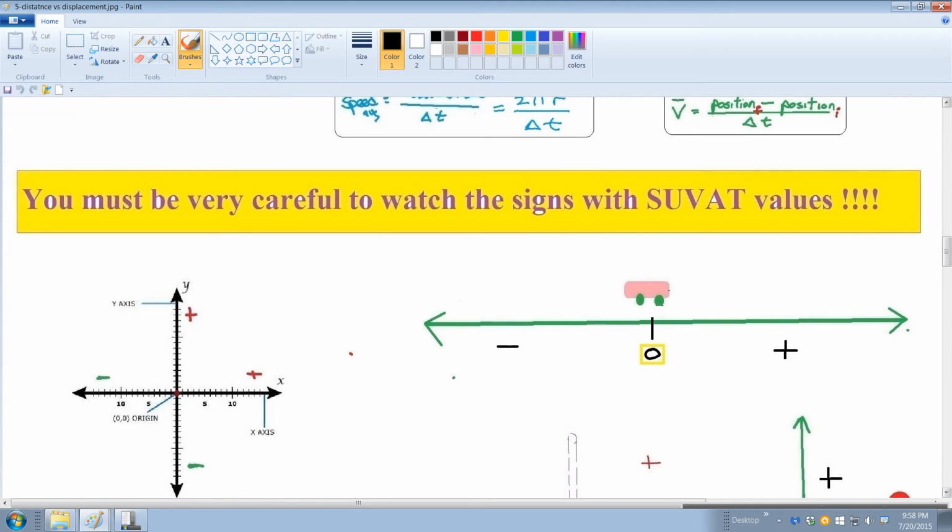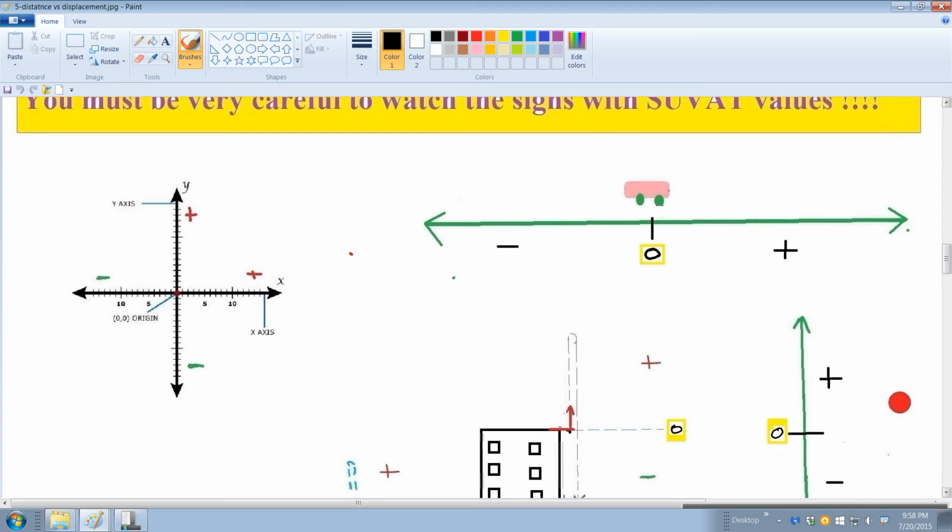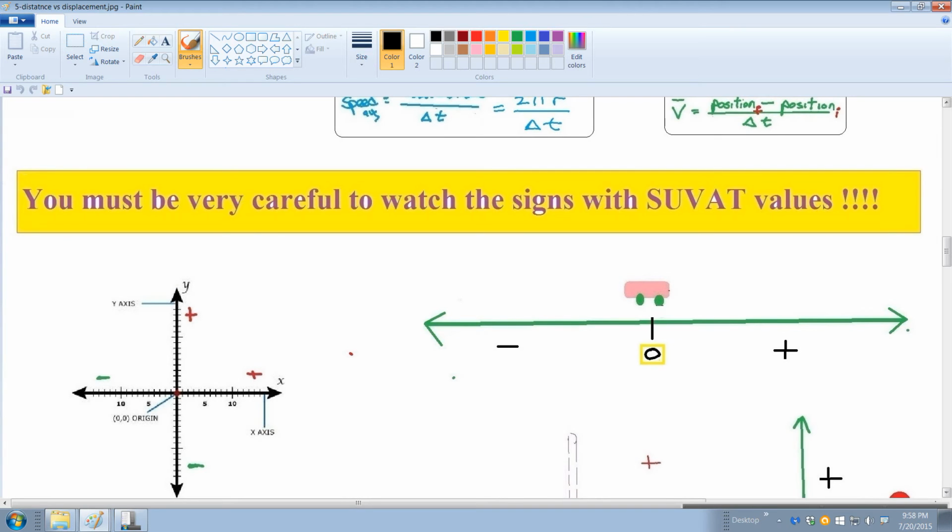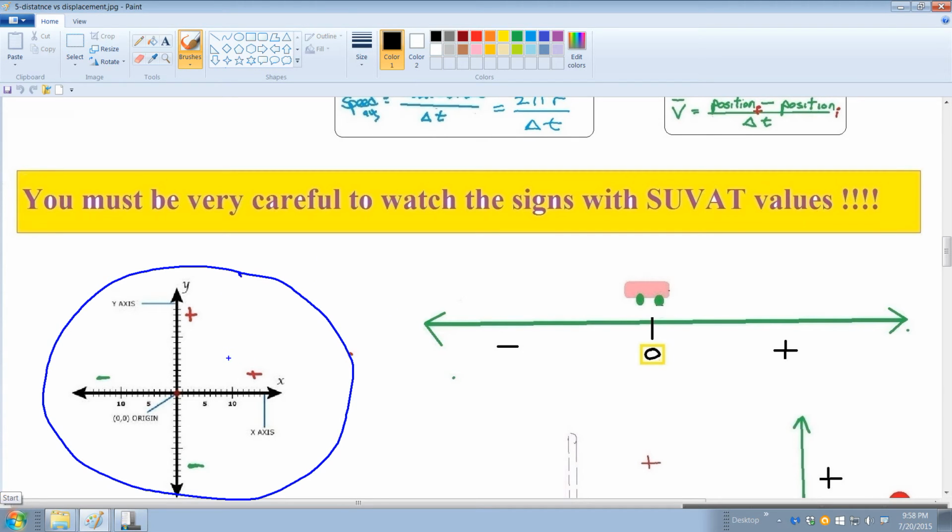Okay, it's very important, because I mentioned that displacement, velocity, and acceleration are all vectors, that we have respect for the signs. Generally speaking, most people doing physics problems abide by the conventions of the Cartesian plot of the x and y axis, where to the right is positive and up is positive, to the left is negative, and down is negative.